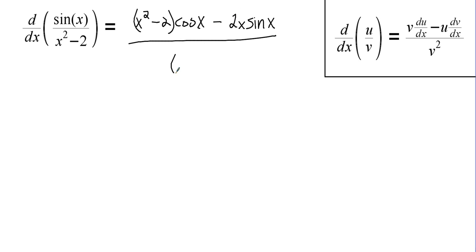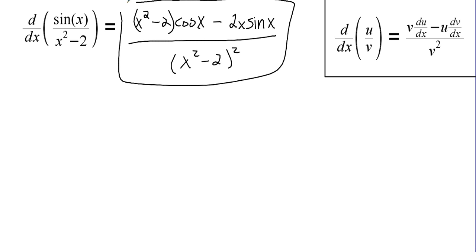And we'll put it all over x squared minus 2 squared. No common terms in the numerator to factor out, and there's no reason to distribute the cosine x into the x squared minus 2, so this will be our answer.